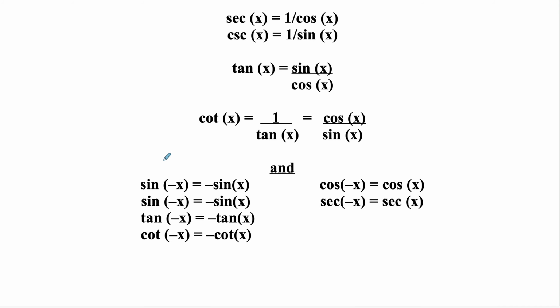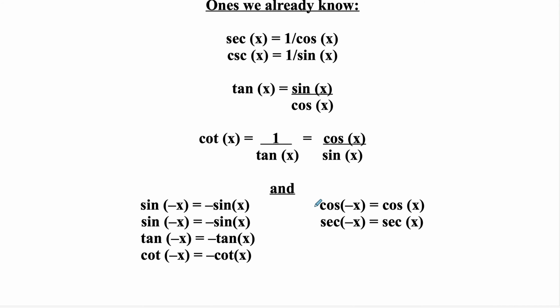We also talked a little bit about odd and even functions. Key thing: cosine and secant are going to be even. So cosine of opposite x is the same as cosine x. Whereas sine and anything that involves sine, up to and including tangent and cotangent, right? And I actually should say cosecant and secant. So let me fix this.